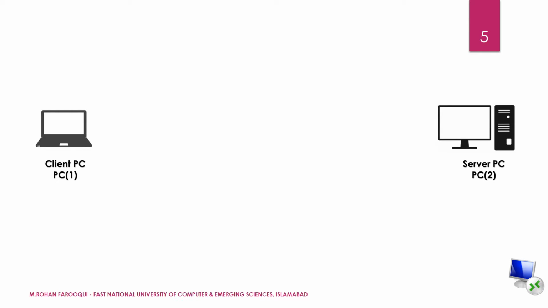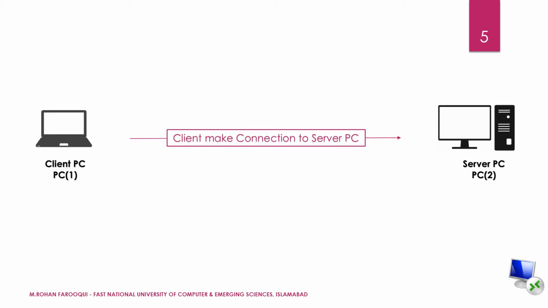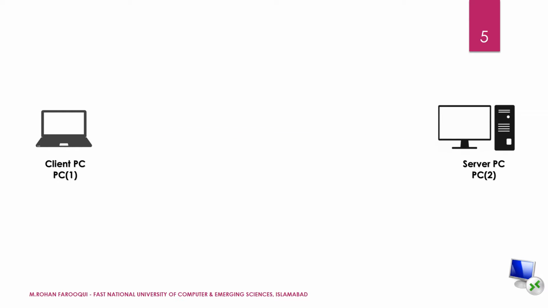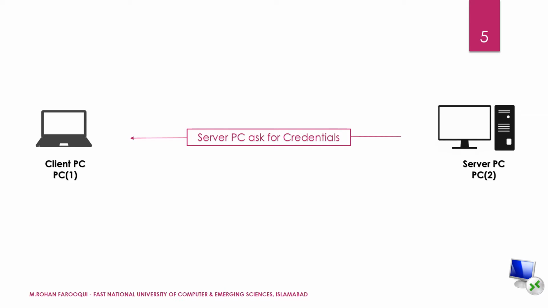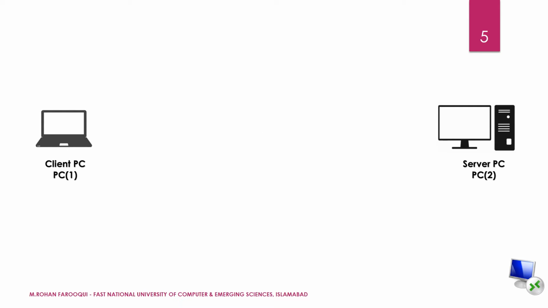Let's suppose we have PC1 as a client PC and PC2 as a server PC. The client PC will make a connection to the server PC. Then the server PC will ask for credentials. The client PC will send credentials like username and password to the server PC.